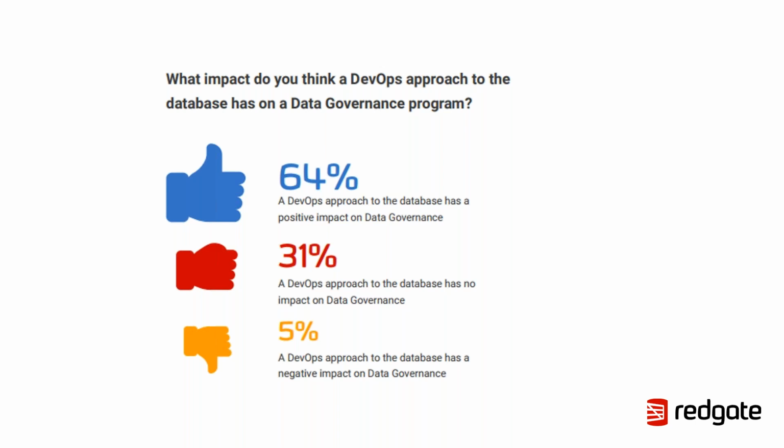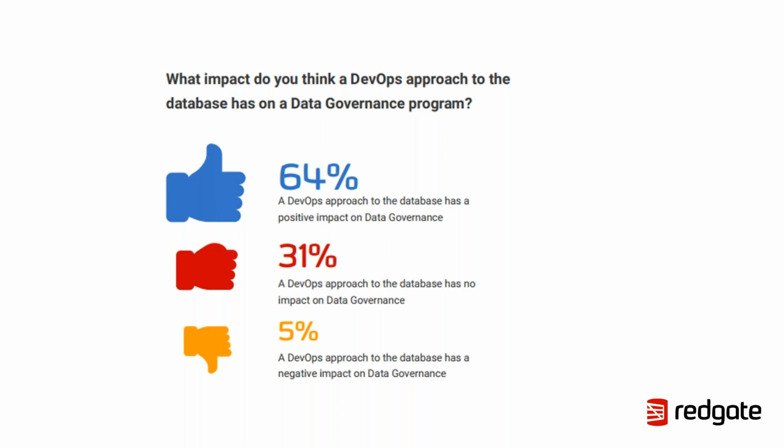So we actually simplify compliance by enabling the software to be delivered in a consistent, reliable, and repeatable way. And of course, by using things like source control across the application and the database, we're providing a completely auditable trail of those changes all along the way.